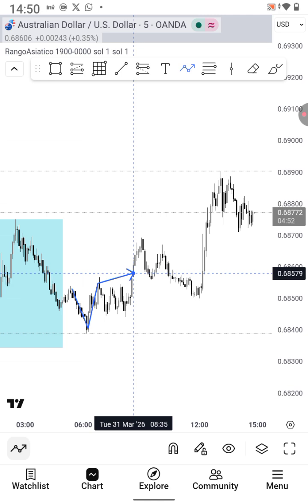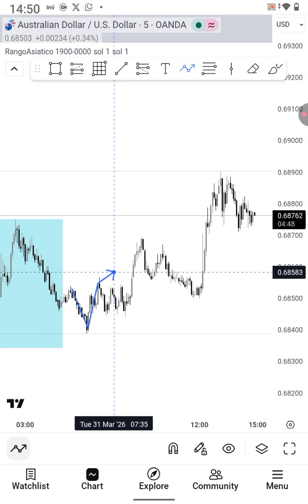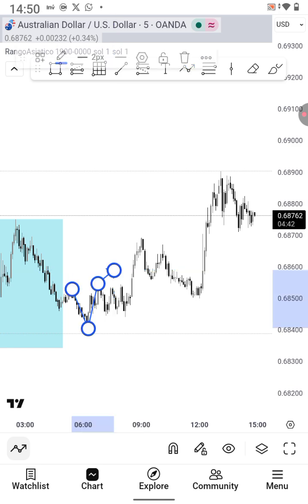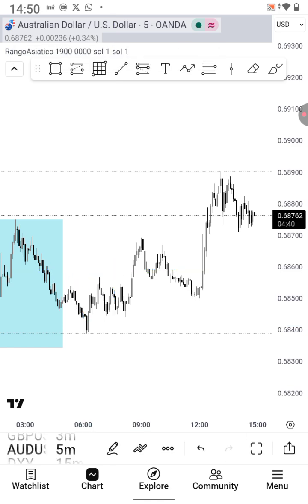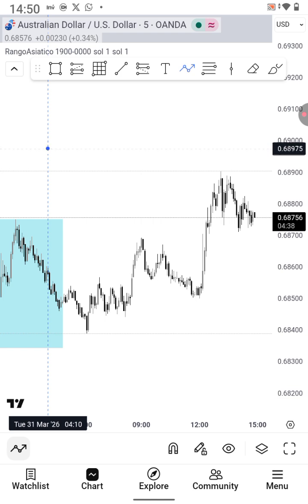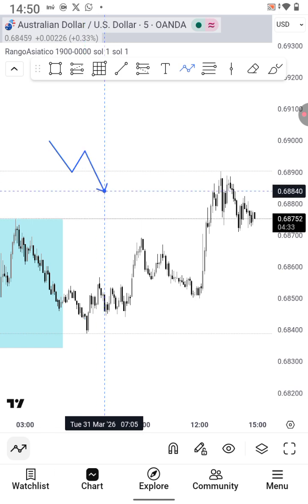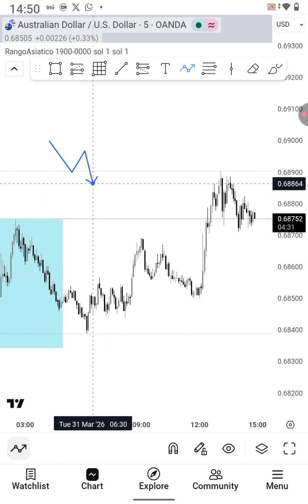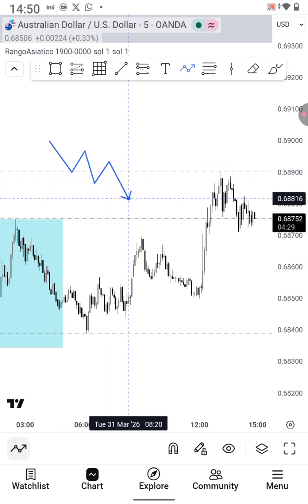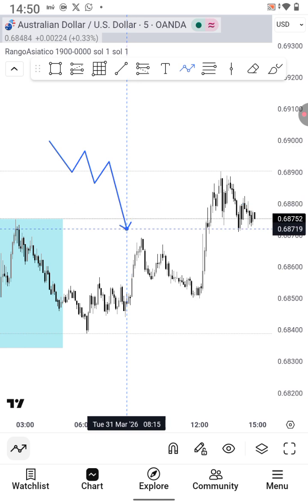Now let me give you one secret that I've observed on the chart that happens almost all the time. If market wants to retrace, pay attention to this. If market was selling, then we have one big move to the downside.